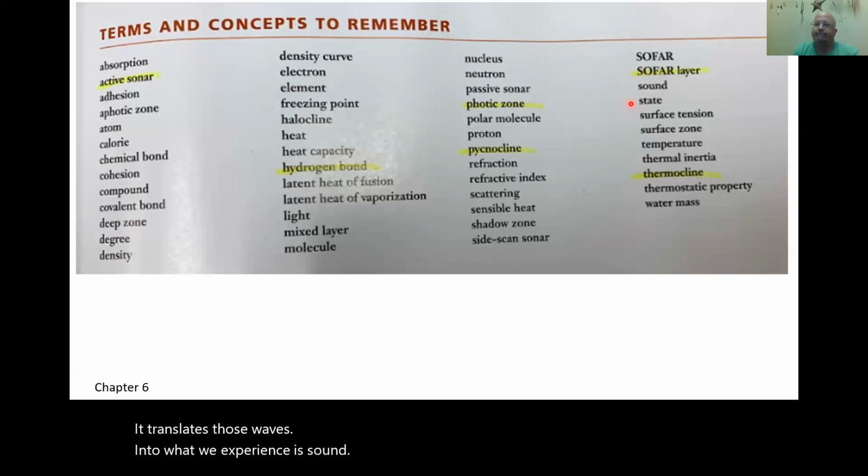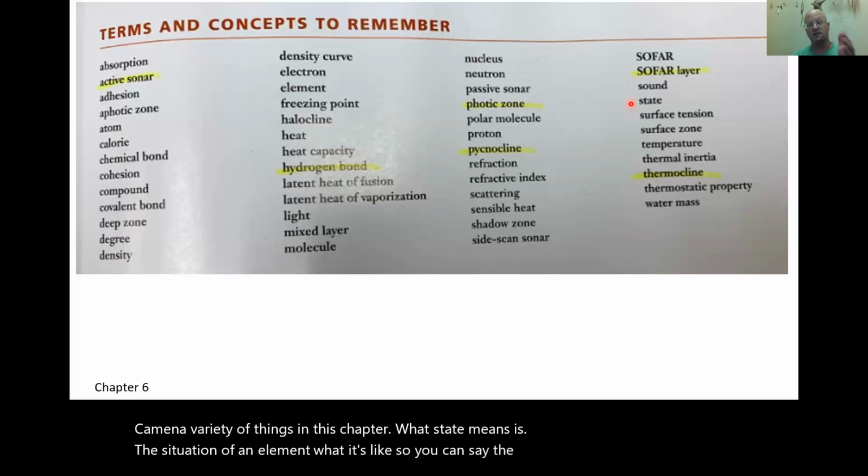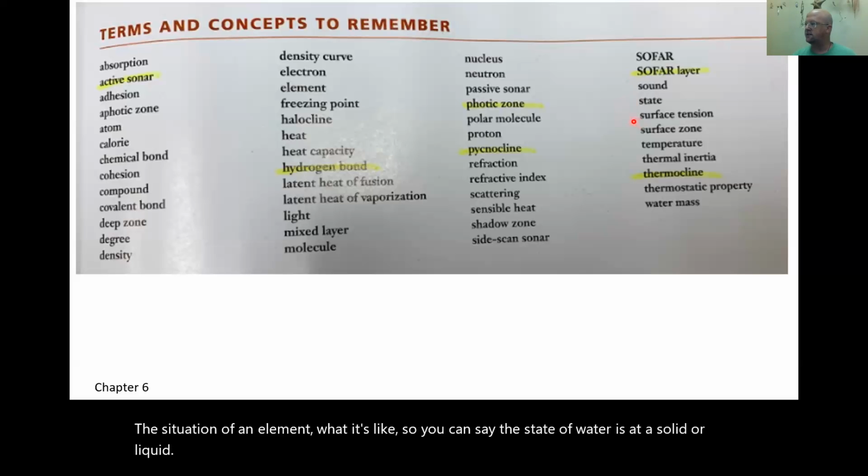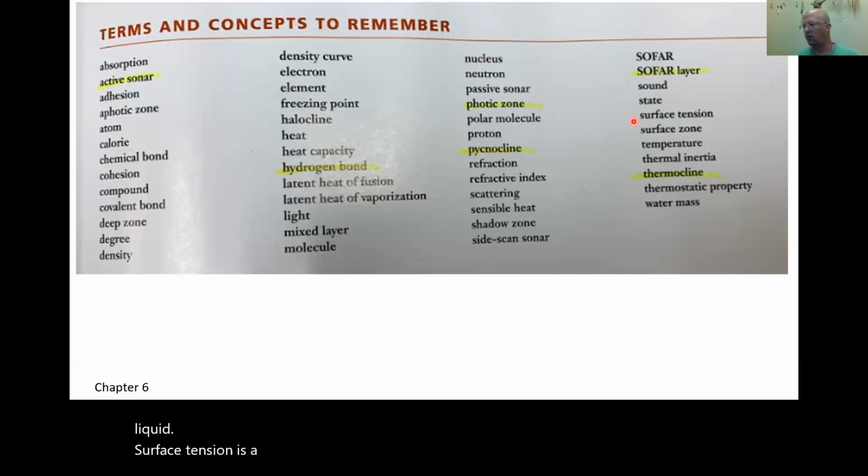State can mean a variety of things. In this chapter, what state means is the situation of an element, what it's like. So you can say the state of water. Is it a solid or a liquid? Surface tension is a really interesting part of water that's created by these hydrogen bonds.